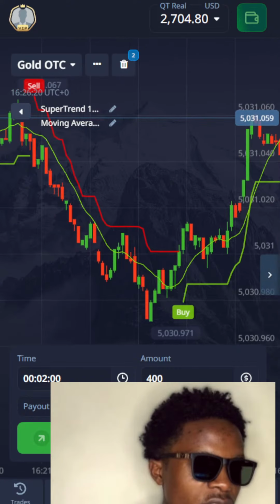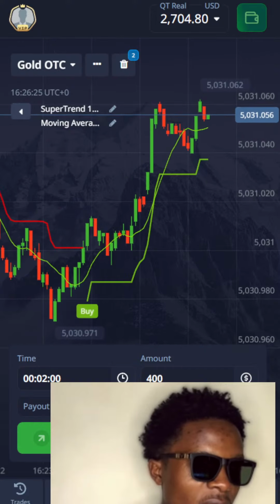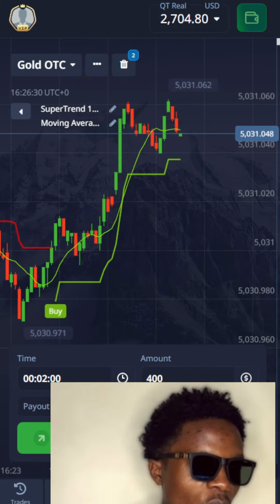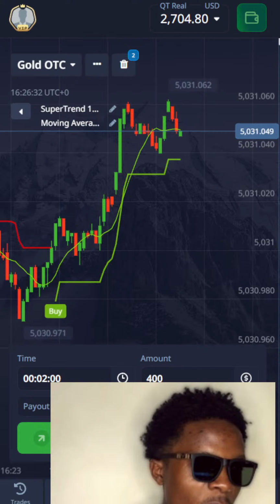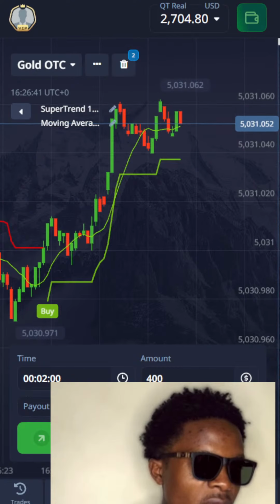Let's find an entry point. Before we enter the market, we need to find a break of structure either upwards or downwards, but since we are looking for buys, it has to be breaking the structure going upwards.